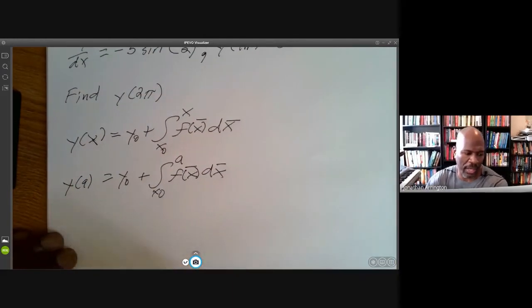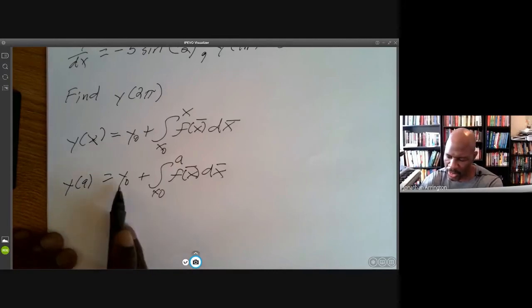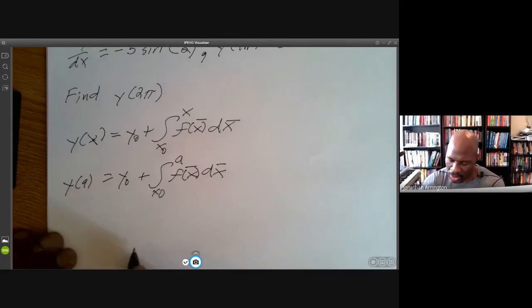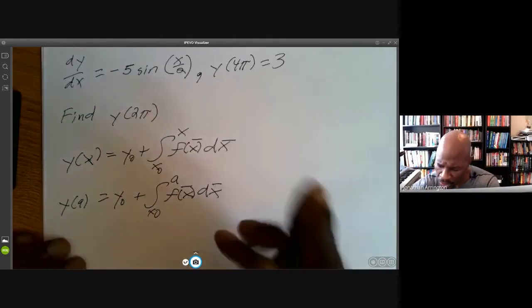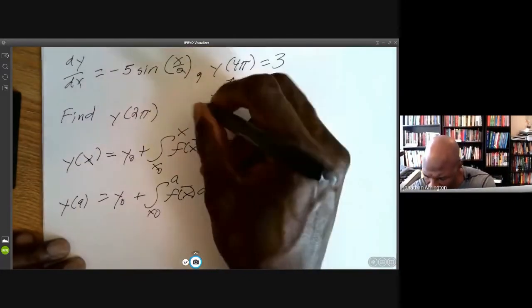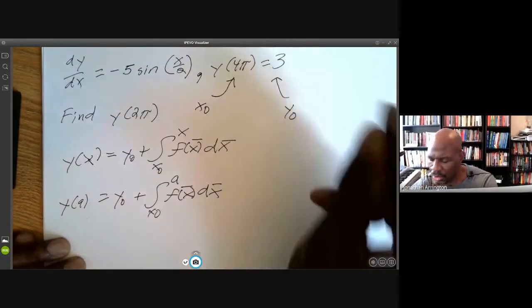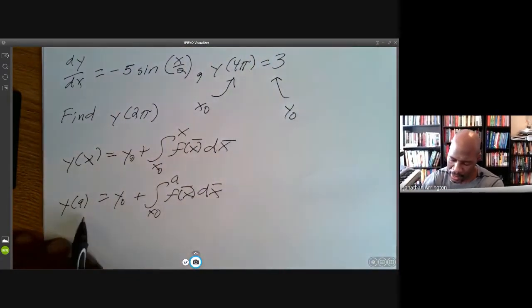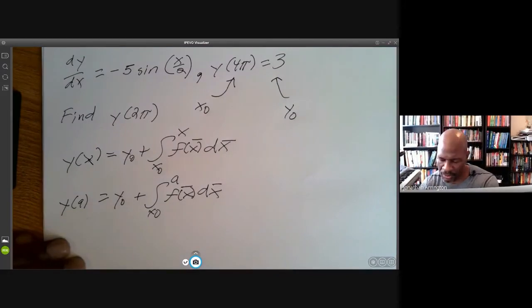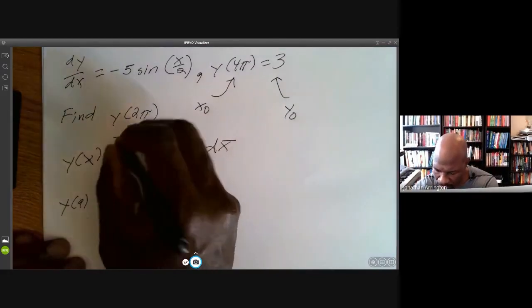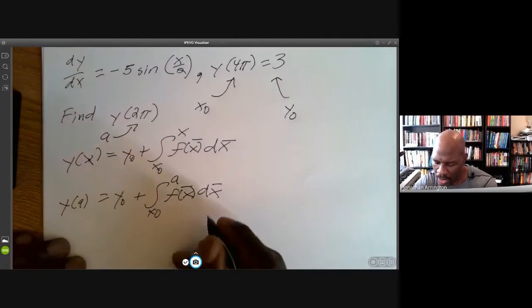So let's identify the value of a, the value of y naught, and the value of x naught. x naught and y naught come from the initial condition. So for this problem, x naught is 4 pi and y naught is 3. And a is the value we're trying to evaluate the function at, so in this case, a is 2 pi.